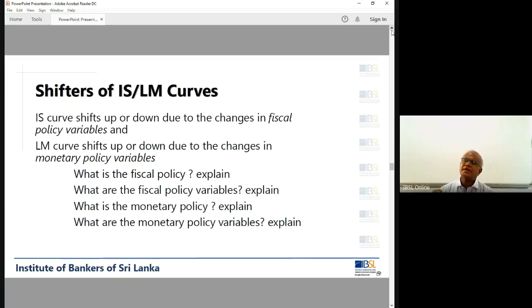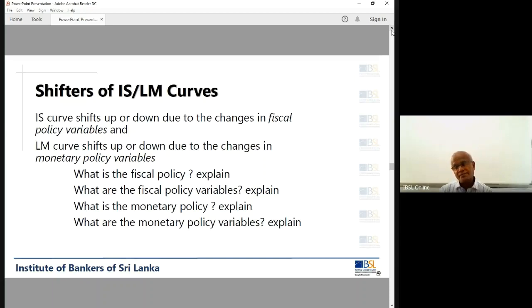Fiscal policy decisions are taken by the Treasury under the Honorable Minister of Finance, now the Honorable Prime Minister. The Secretary to the Treasury is Mr. Artigala. That is his job, to take the fiscal policy decisions and monitor them.